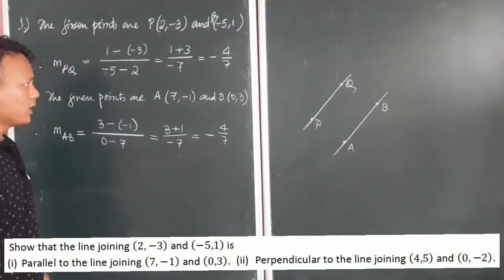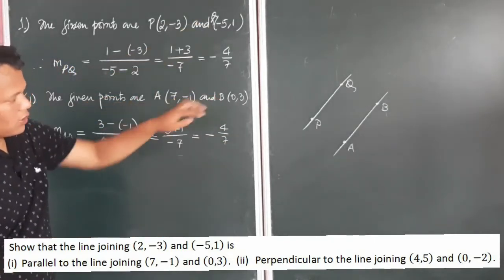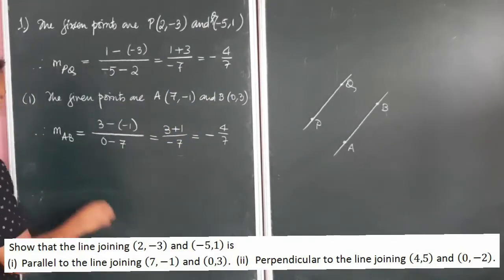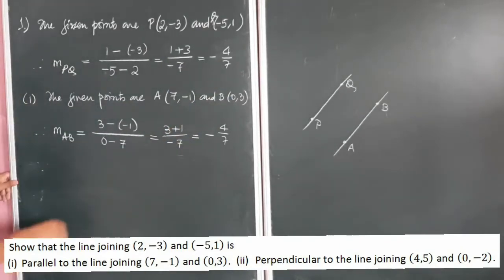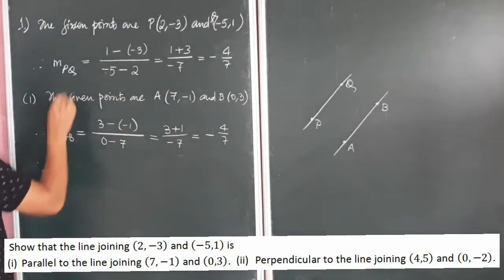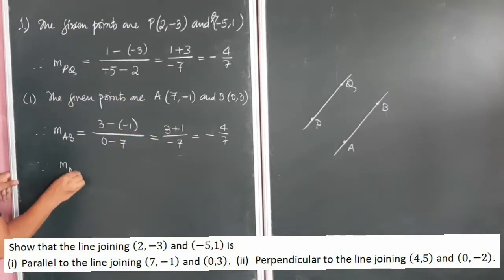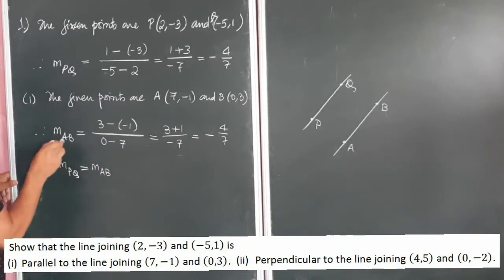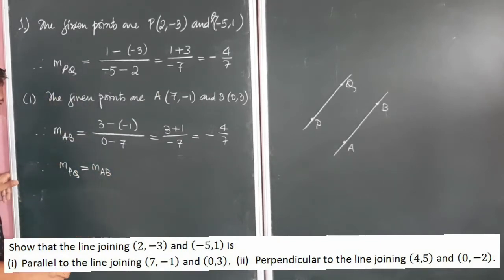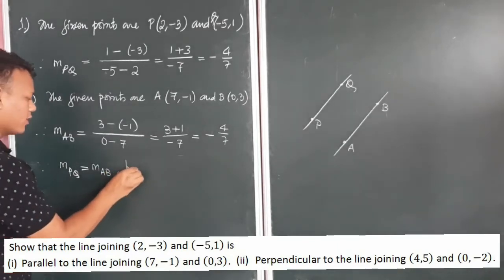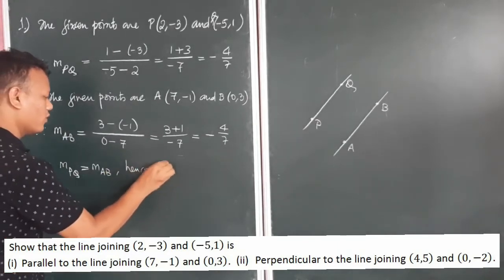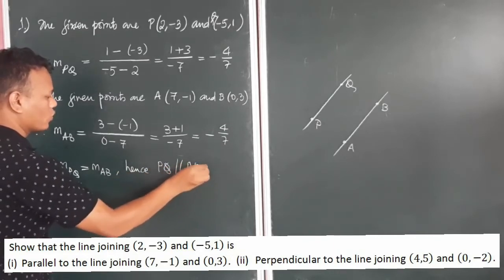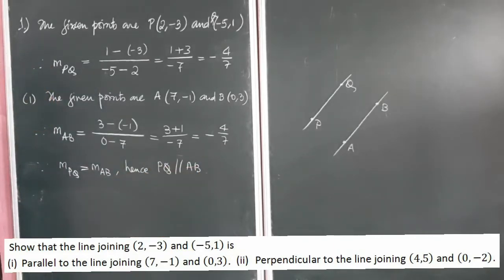Here we clearly see that the slope of both the lines turns out to be equal. Now since m of PQ is equal to m of AB, we say that PQ and AB are parallel to each other. Hence PQ is parallel to AB. That's what we need to show in our first case.